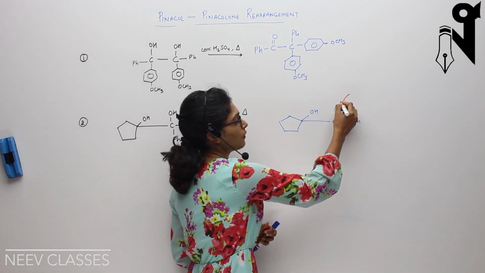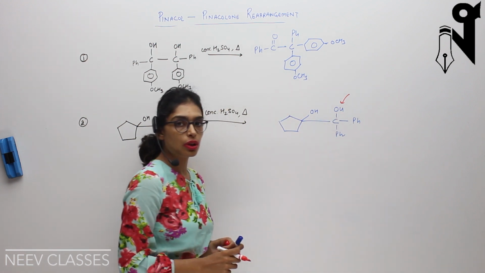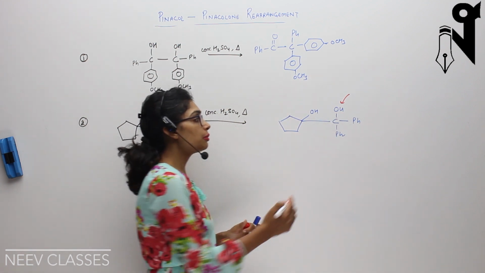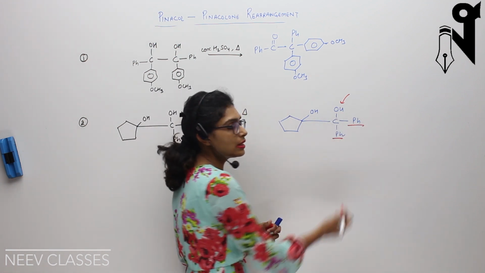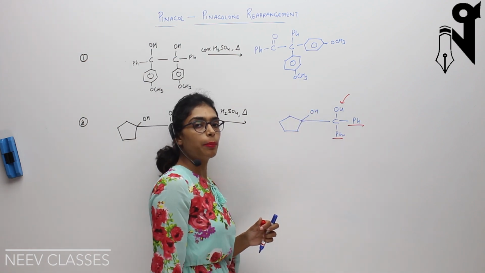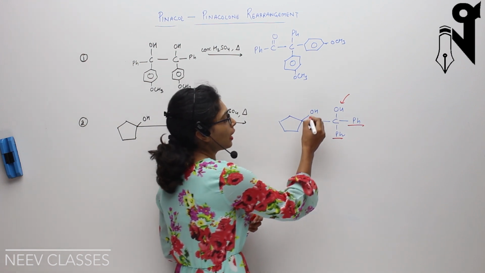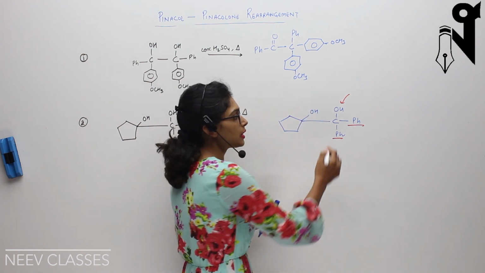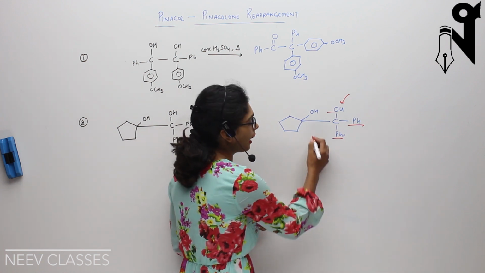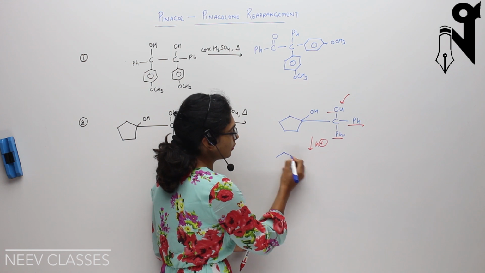If H plus attacks over here to form a protonated alcohol, the carbocation formed at this position will get stability due to the resonance by this benzene as well as this benzene, whereas the positive charge formed over here is a cyclopentyl carbocation, which is a highly unstable carbocation. So rather than this OH getting attacked by H plus, this one will get attacked by H plus and will form the protonated alcohol like this.